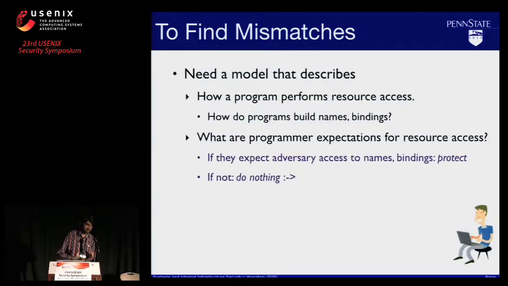To find mismatches, we need to reason about how the program does resource access and what the programmer expects at each resource access, right? So programmers usually, if they expect something bad to happen, they will write some protective code. If not, they do nothing. And programmers like doing a lot of nothing, as we shall see.